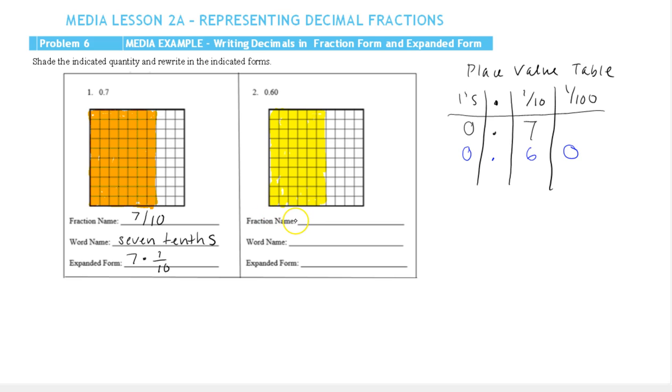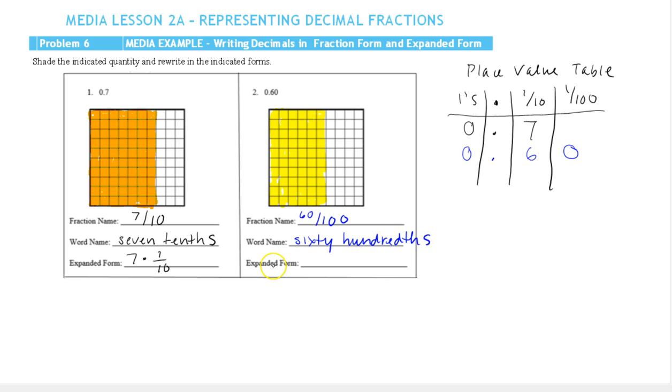So the fraction name, if we think of this as 60 unit small squares that are 1 over 100, would be 60 over 100. The word name is you read this and then write the last place value, so 60 hundredths.